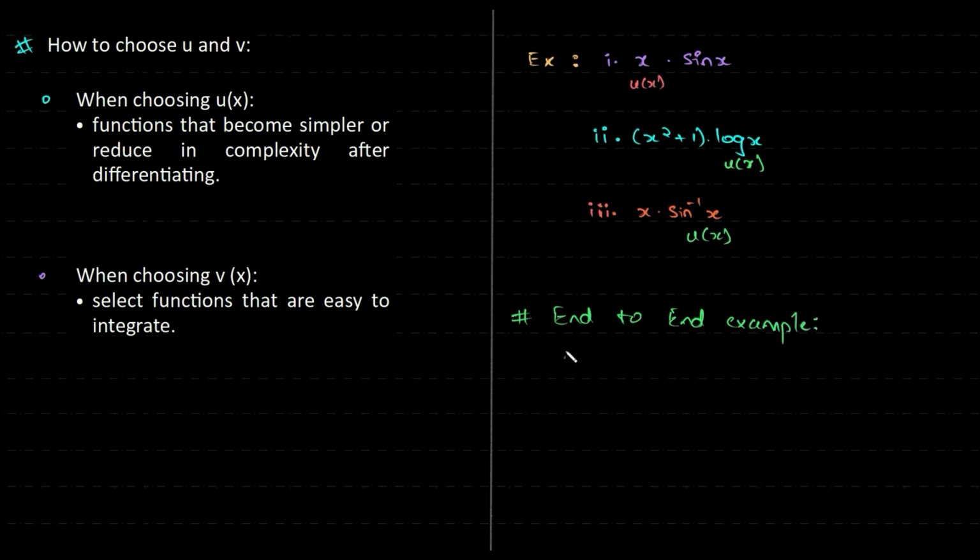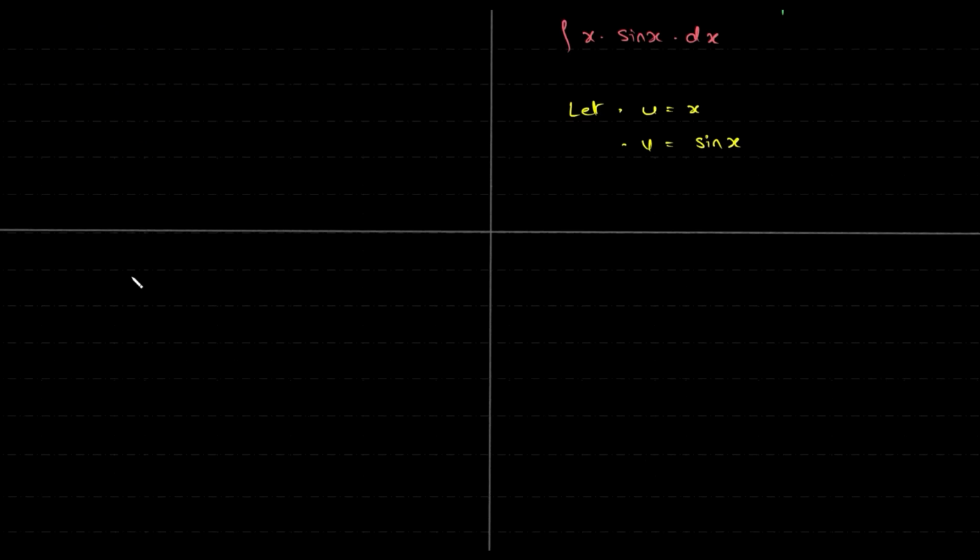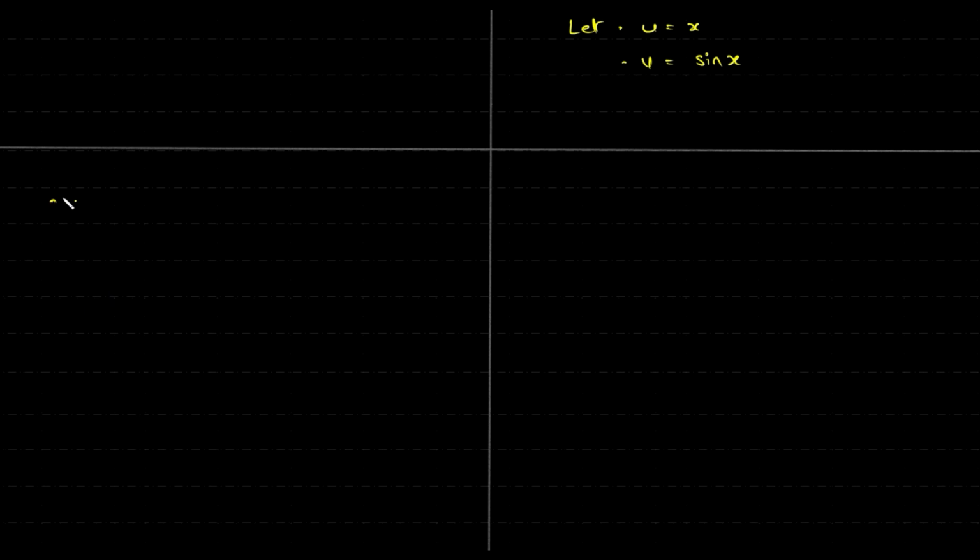So we have the integral of x sine of x dx. I'm going to take u as x, and v as sine of x. Okay, now I is equal to, so the formulas are over here.